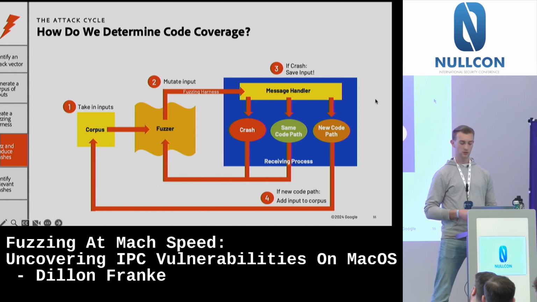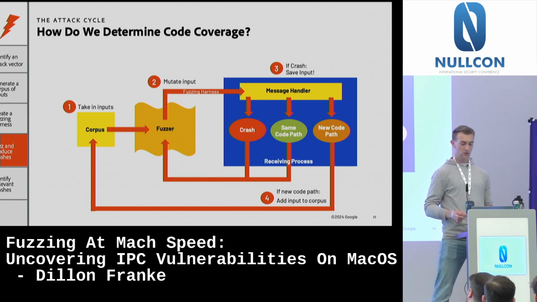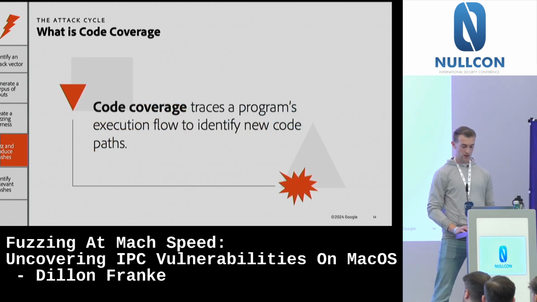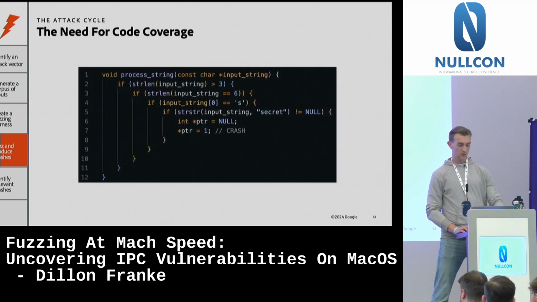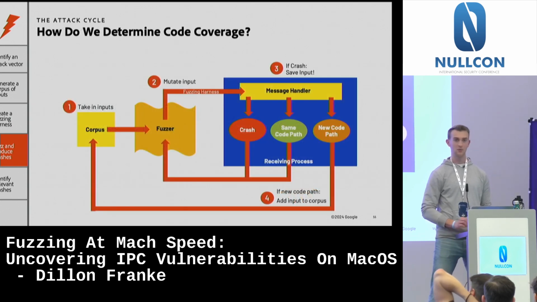And we're not only looking now at if it crashes, but we're also going to look at, is this going down a code path that we've seen before, or did we actually hit a completely new code path? Because if we hit a new code path, if we've made it to the if the first character equals an S, then we care more about that input than if it just balks after the first if condition. So code coverage helps us keep track of that.